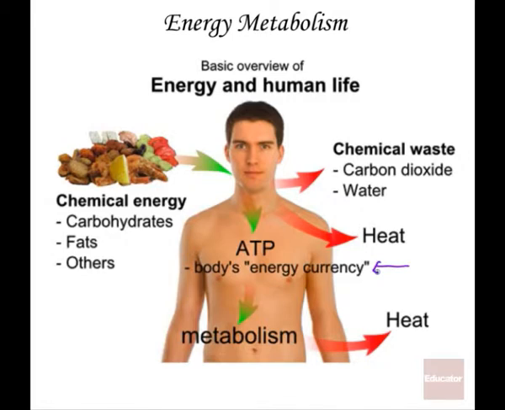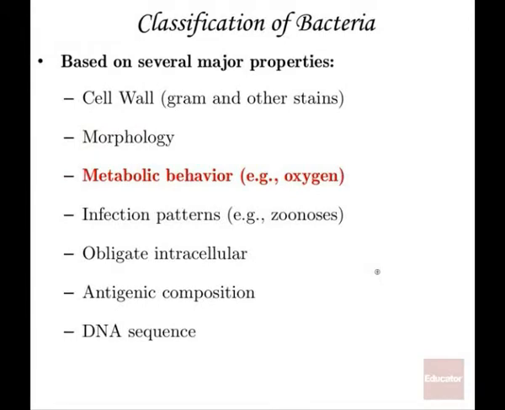By metabolizing ATP, we produce waste products, carbon dioxide and water. The energy we get enables us to move and to engage in biochemical processes, and of course we give off heat. In terms of bacteria, this metabolic behavior is a very important criterion for classification.